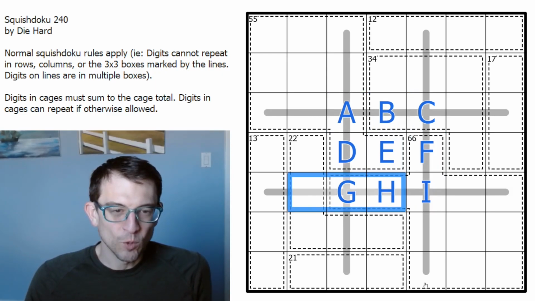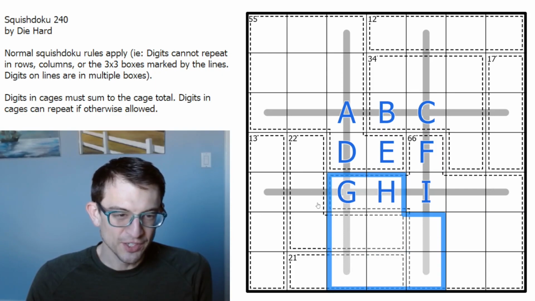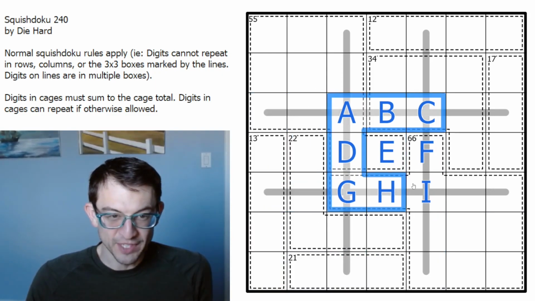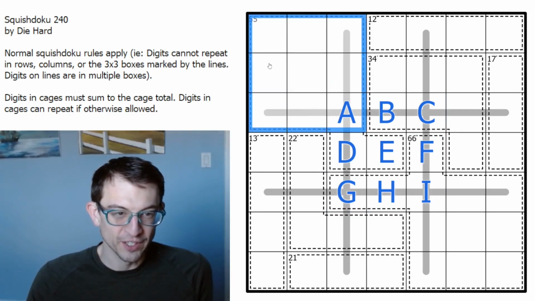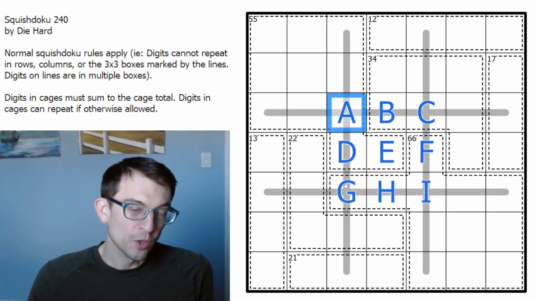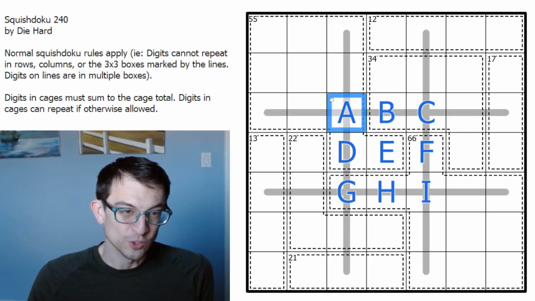So what you can see from this is that if I think about these boxes, I can start thinking about which of these 9 letters can actually fill up any particular cell in a given box. The first thing to recognize, at least for me, is these corner boxes.